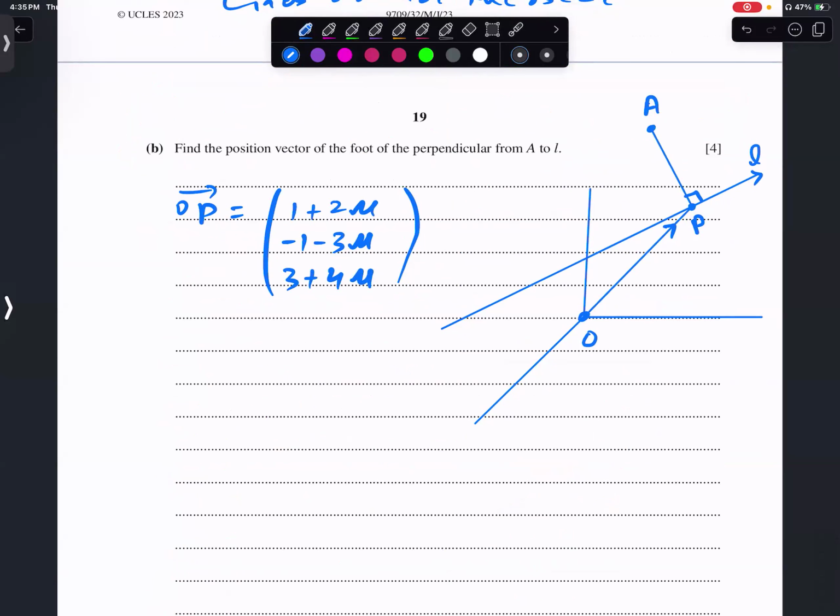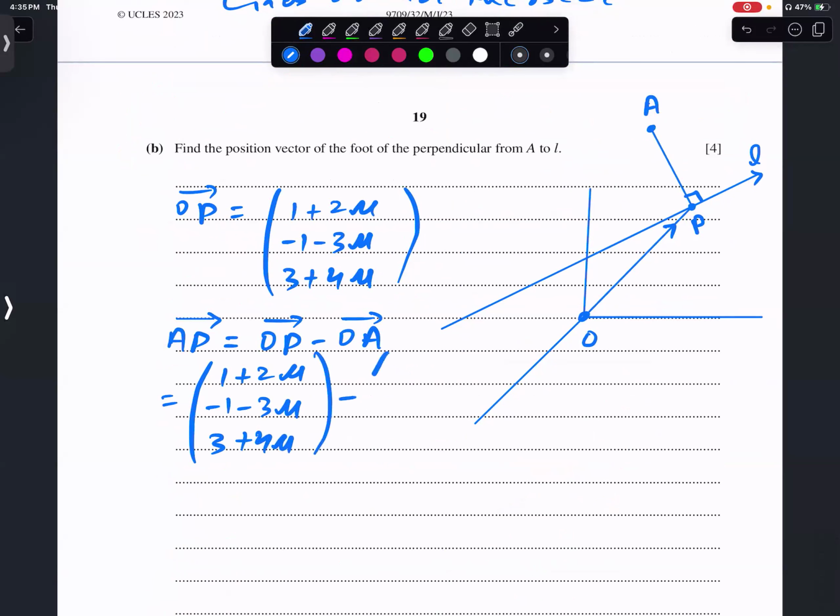Now, students, if you calculate AP or PA, that doesn't matter. Let's calculate AP. AP means OP, second position vector, minus first position vector. Now, what is OP? OP is 1 plus 2 mu, minus 1 minus 3 mu, 3 plus 4 mu, minus OA.